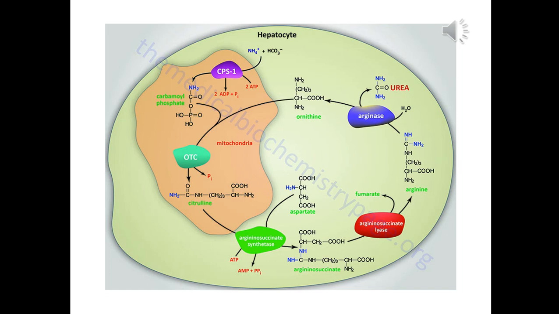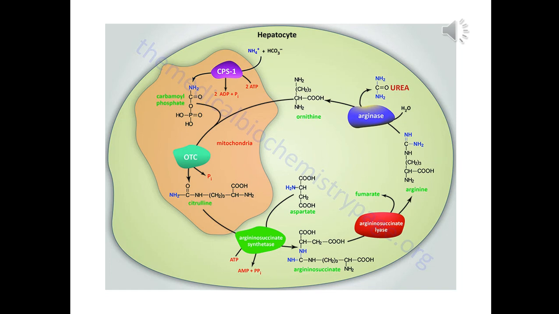Then the first step in the cytoplasm, citrulline with aspartic acid leads to formation of arginosuccinate by the arginosuccinate synthetase enzyme. It means it consumes the third ATP molecule in this cycle. Then arginosuccinate is cleaved by arginosuccinate lyase to arginine and fumarate. Then arginine is cleaved by arginase to urea and ornithine.